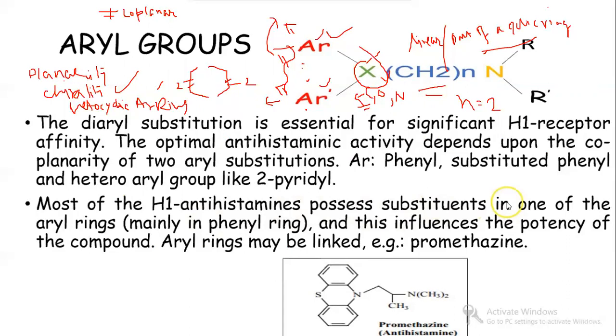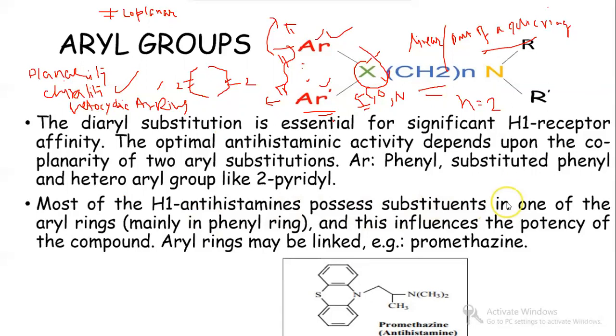A lot of compounds show this isosteric replacement with a heterocyclic ring. If you put a heterocyclic aromatic ring as an isosteric replacement of normal benzene, the potency goes higher.